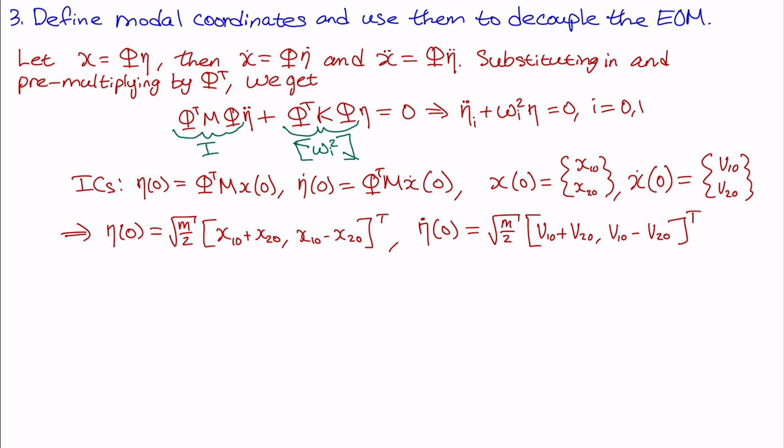I stated in the beginning of the problem that we were going to consider generic initial conditions, meaning just some value, some constant, and that's what I chose to represent those constants with.